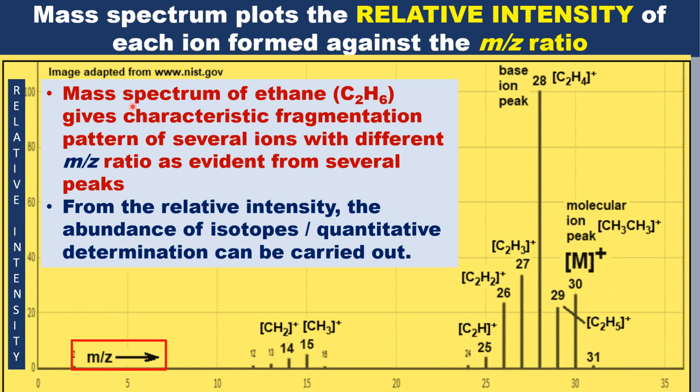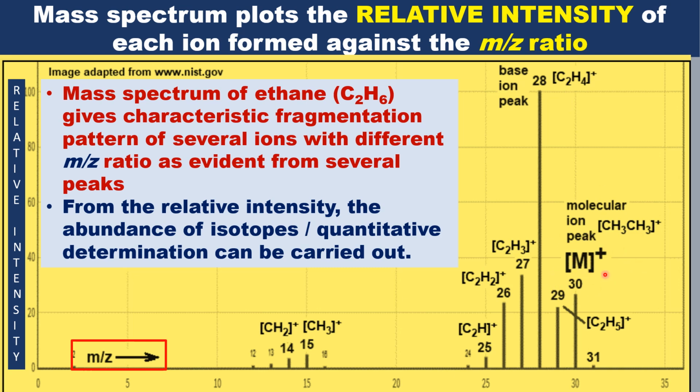The mass spectrum of ethane gives a characteristic fragmentation pattern of several ions with different m by z ratios, as evident from several peaks. This is the molecular ion peak, M plus.